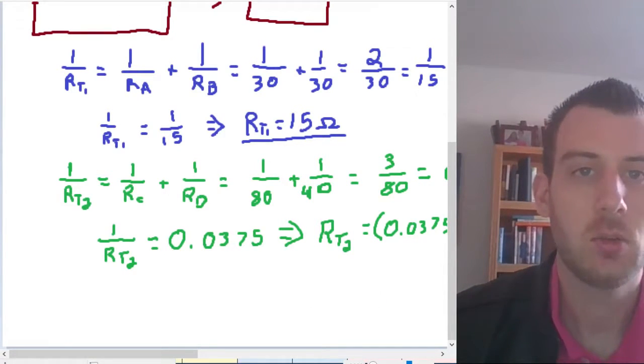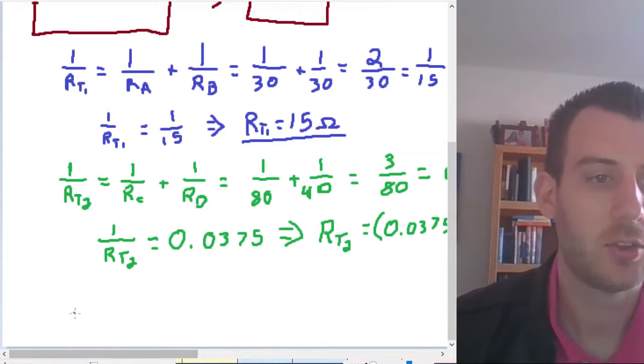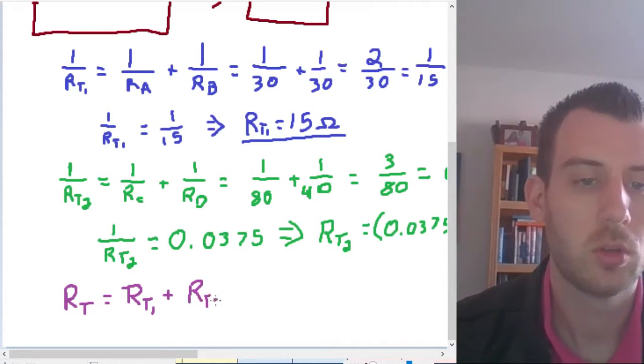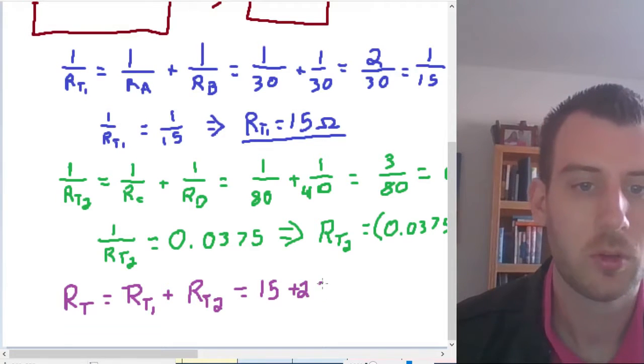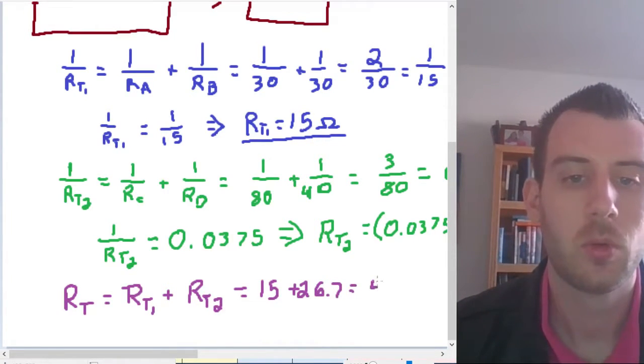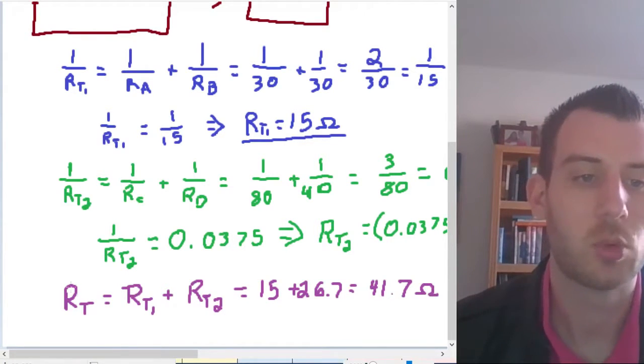So I can now, let's use purple, say that the total resistance, R total, is equal to R total 1 plus R total 2, which is equal to 15 plus 26.7, which would give me something around 41.7 ohms. And that would be my equivalent resistance.